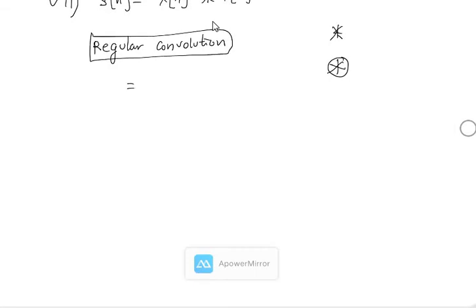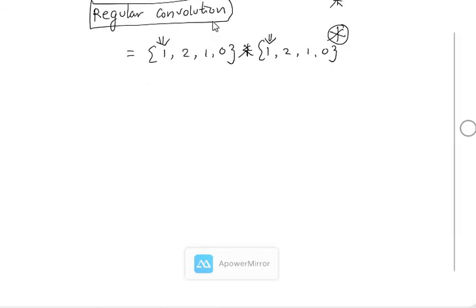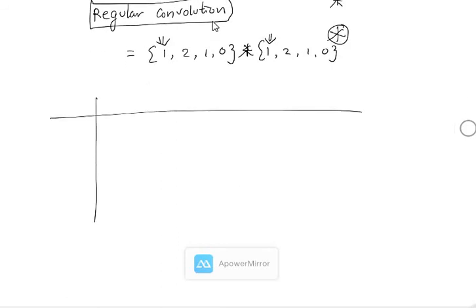So xn is 1, 2, 1, 0 convolved with 1, 2, 1, 0. The starting index is 0 because on the left-hand side you don't have any, this is starting at the first value, and this one also is starting at the first value. So the first index is always 0 and the last index is 6 because 1, 2, 3, 4, 5, 6. So n goes from 0 to 6.